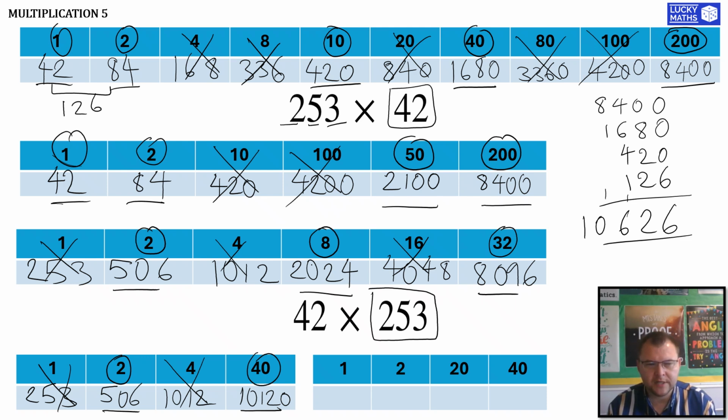And just a slightly alternative way again, if you start doubling there, but if we then take the 506 and times by 10, and then double that to get 40 lots. That's where the 10,120 comes from. So again, 42 lots, slightly different way, but ultimately adding the same values in the end.